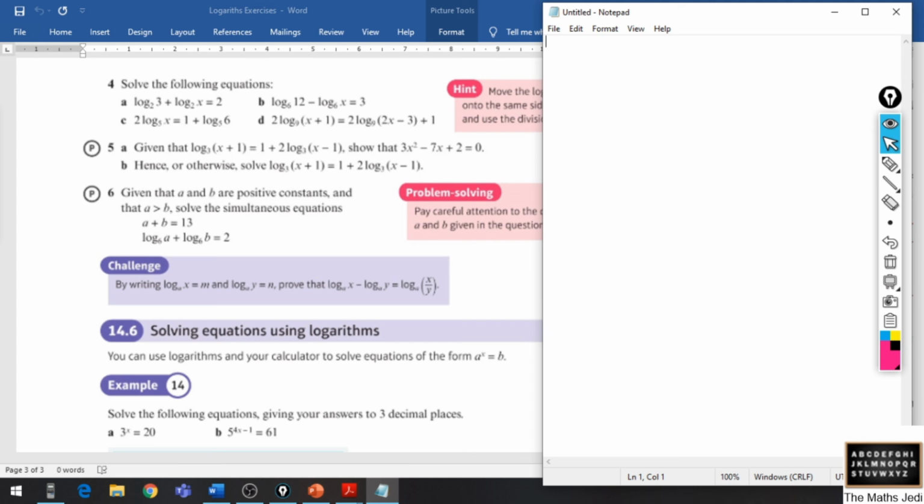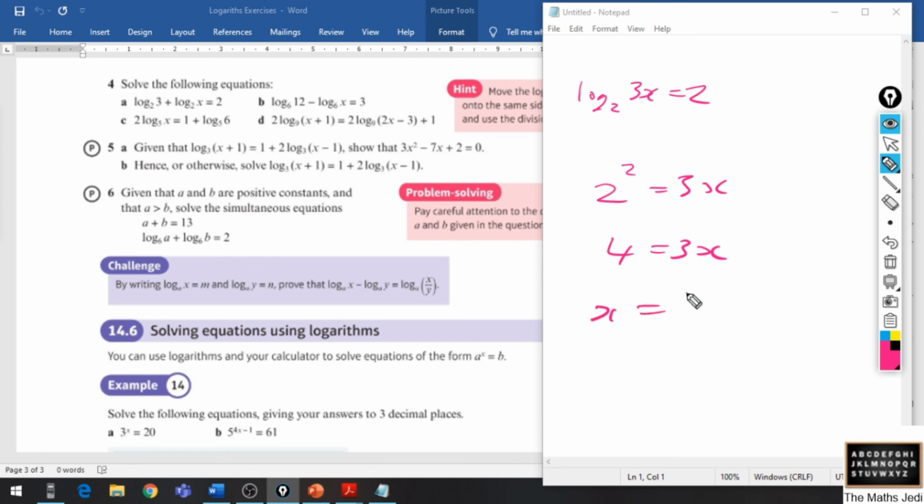So we've got log base 2 of 3x is equal to 2. Rewriting that into power form, we've got base 2, so 2 squared is 3x. We know that 4 is equal to 3x, so x is 4 over 3. Very easy.